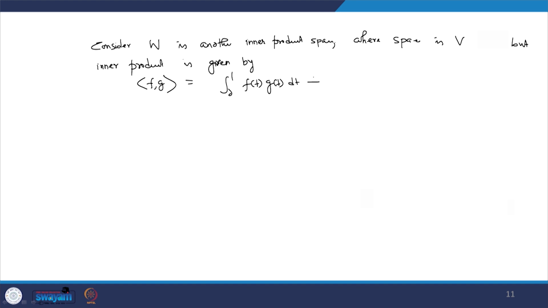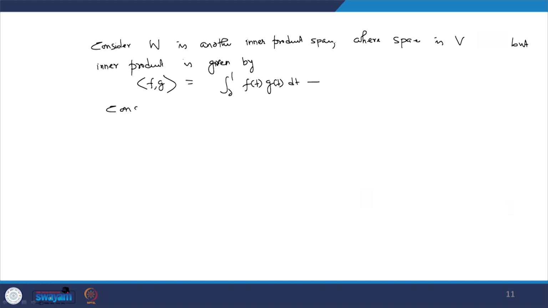This is my inner product in W. I mean to say W is also the space of all real valued continuous functions defined over the unit interval 0 to 1, but equipped with the standard inner product over that space, that is the integration from 0 to 1 of f(t) g(t) dt.